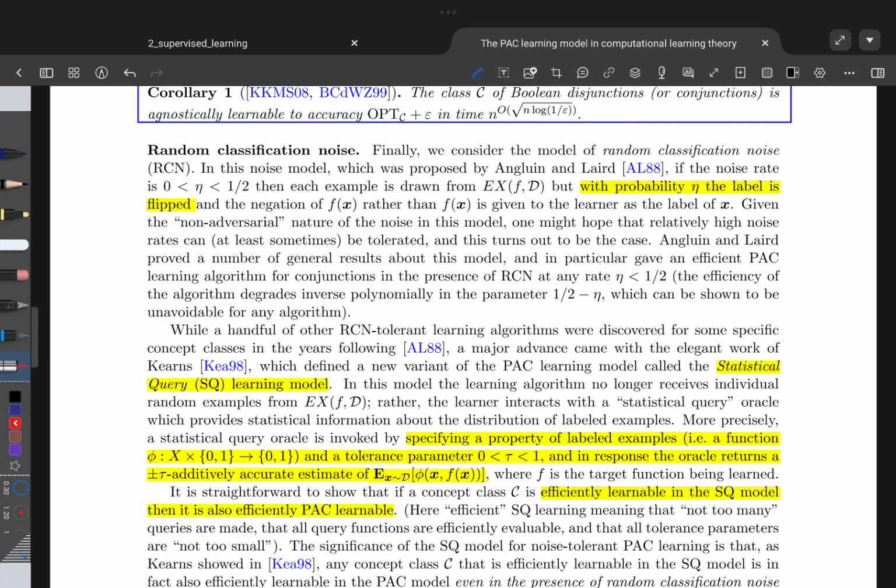So in other words, there's some deterministic function, f, that relates the input with the output. But what you observe is not f of x. It's f of x plus some noise. So maybe for some of the samples, the value of f of x is flipped, independently of everything else.